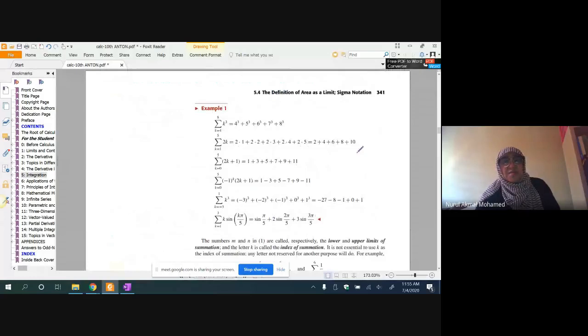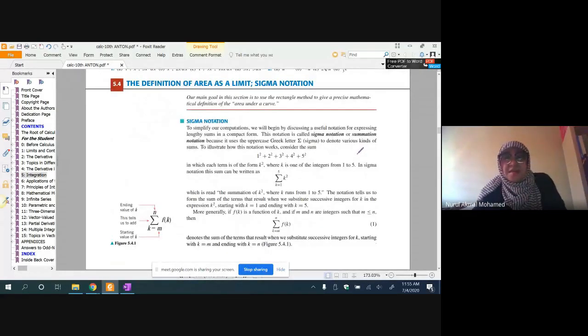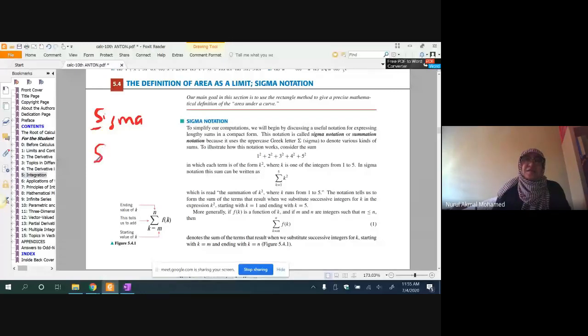Okay, next one is sigma notation. Sigma means this symbol here. This is called sigma. It looks like S. Sigma, the first alphabet here is S. And this integration symbol also looks like S. So they are all related.